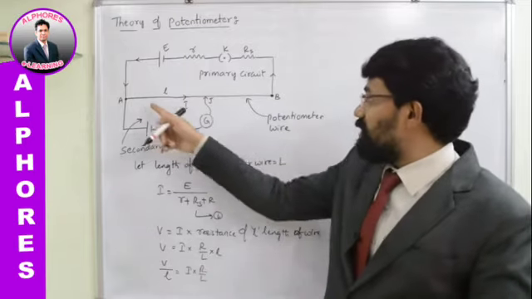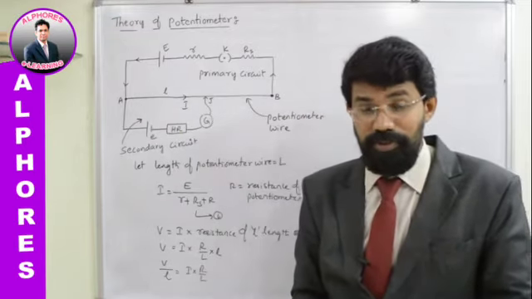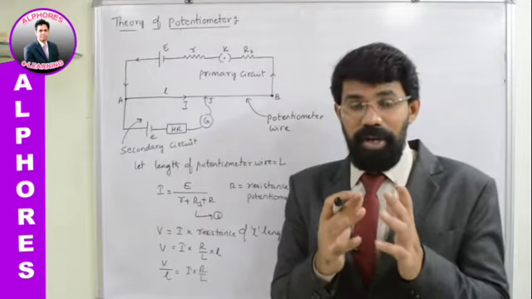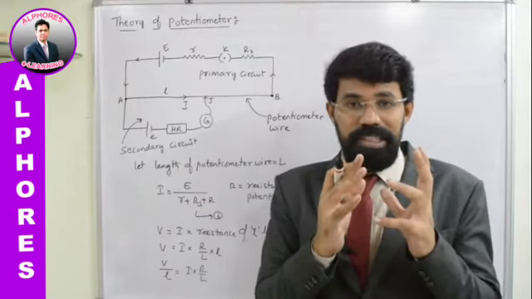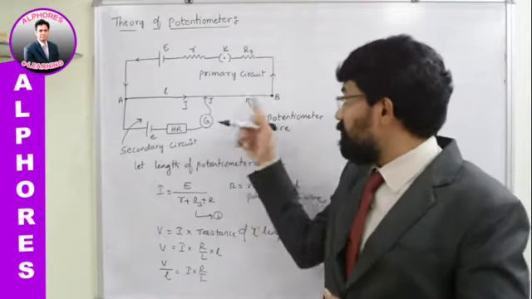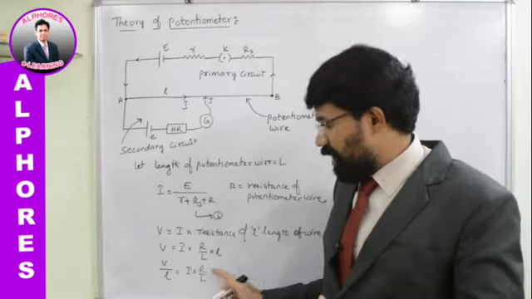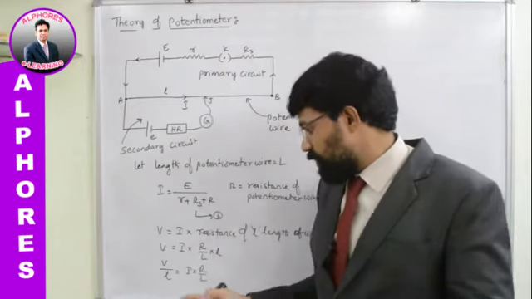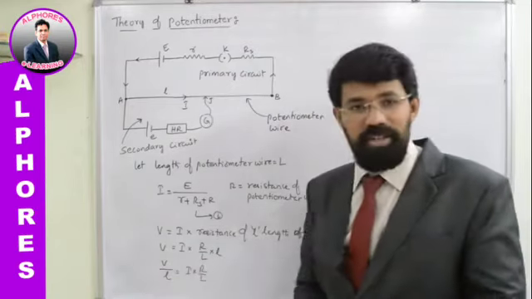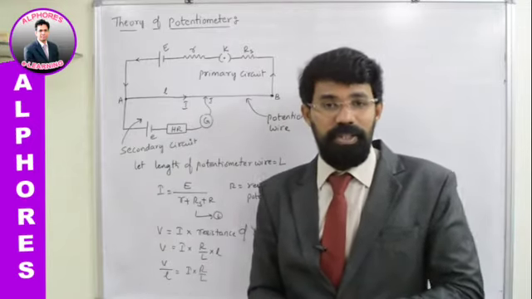Capital R is resistance of the given potentiometer wire. That is also constant as long as the uniform cross section area of the wire remains intact. If it is uniform, this capital R also remains constant, and length of the potentiometer wire, that is also constant. So overall, this I into R by L is a constant. So what you can say? V is directly proportional to small l. Can you say like that? So this is where actually we see potentiometer principle.